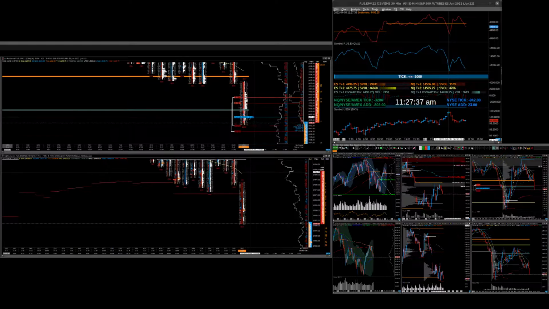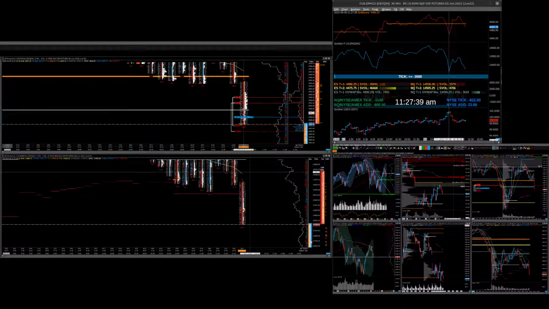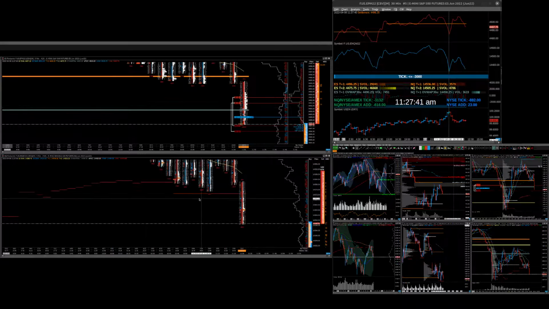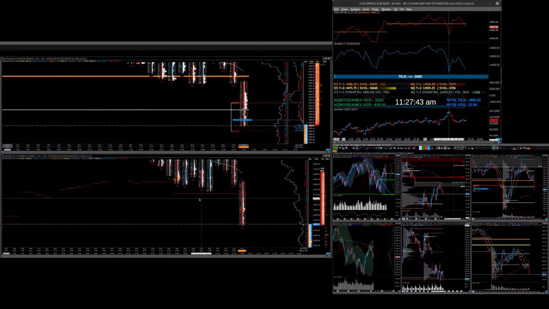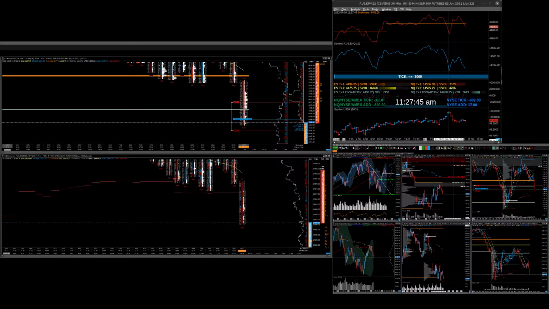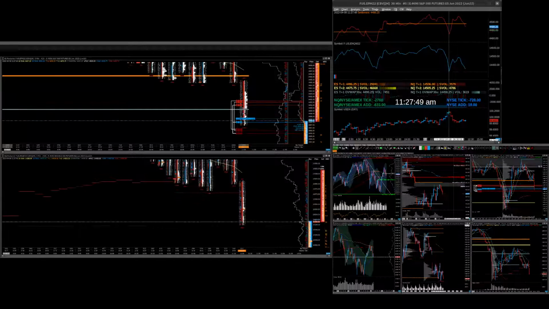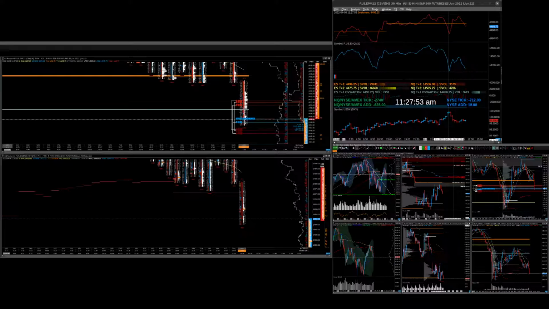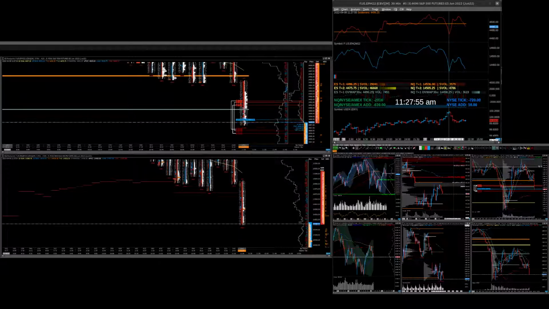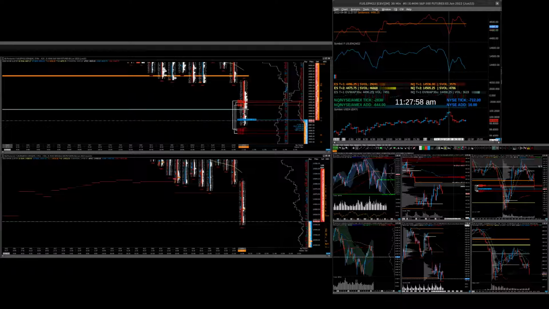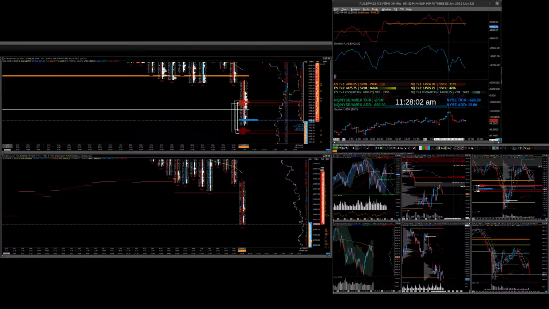This will probably stop out against a test of this volume body here. All right, we'll just keep trying. There they go. Now there's a little interest down here.